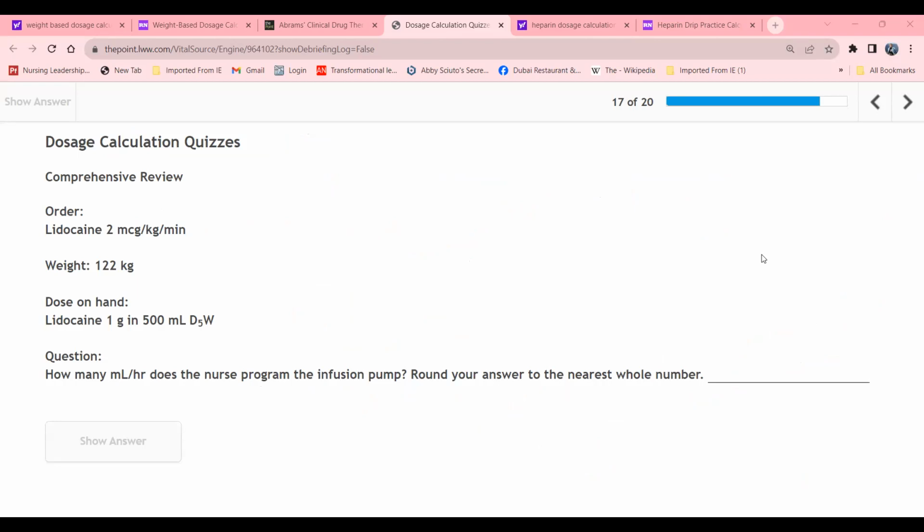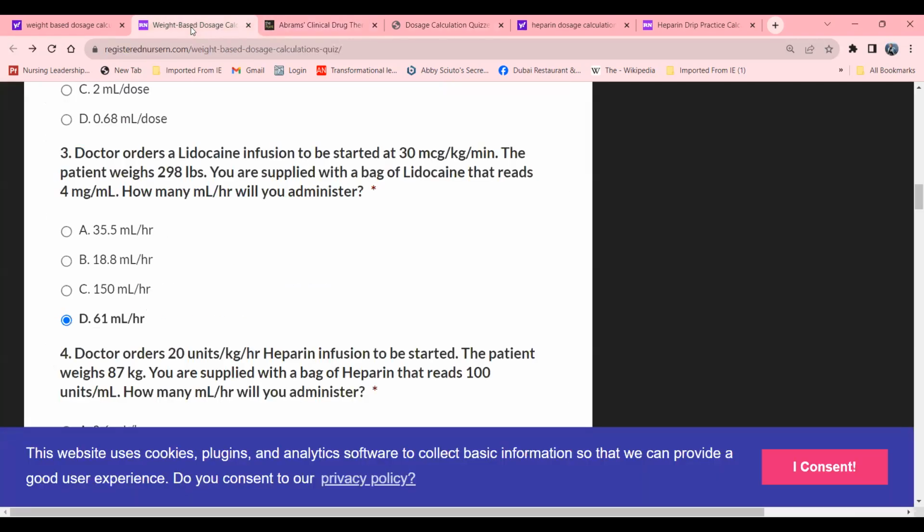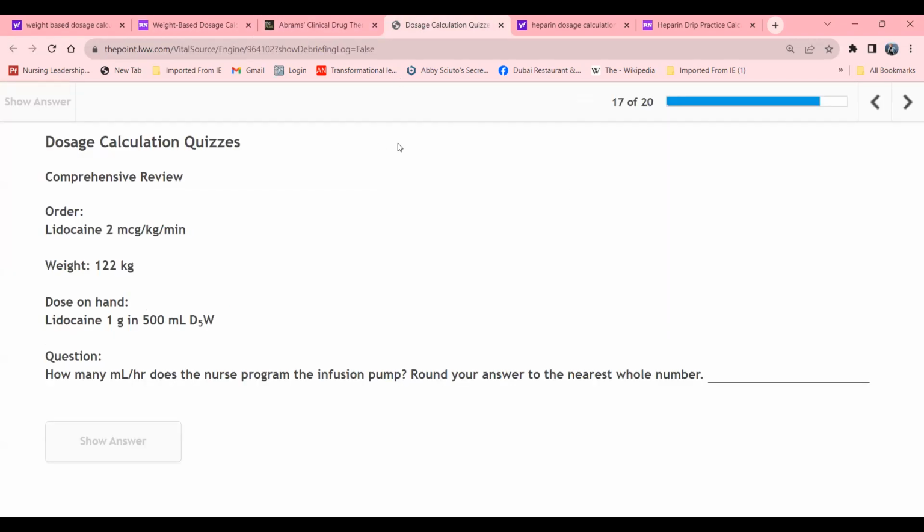Yes. Again, this is from your Abrams book. If you go into your Abrams book at the point and under student resources, if you scratch that code off and enter it into the point, you can access these practice questions under student resources. All right, let's go back to that one. Here we are.